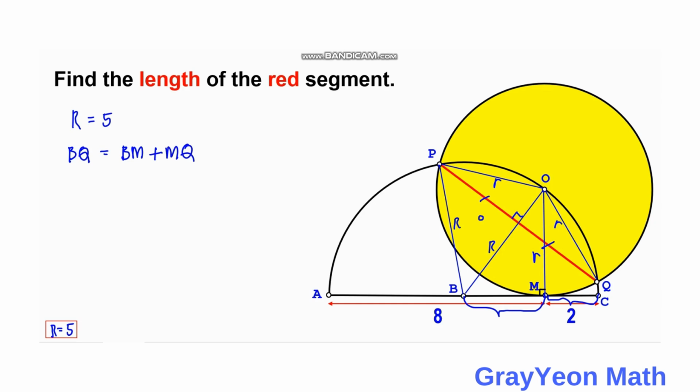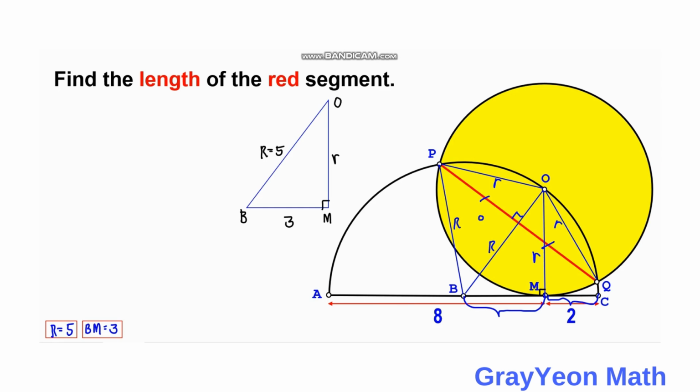BQ is equal to R, which is 5, so we can replace this by 5. BM is the unknown, plus MQ, which is 2. So BM is equal to, if you put this 2 on the left hand side, 5 minus 2. So BM is equal to 3 units.